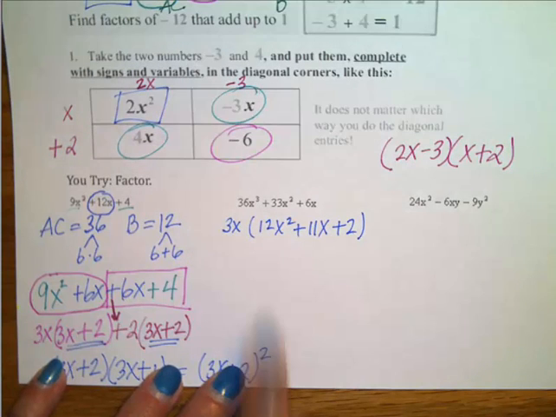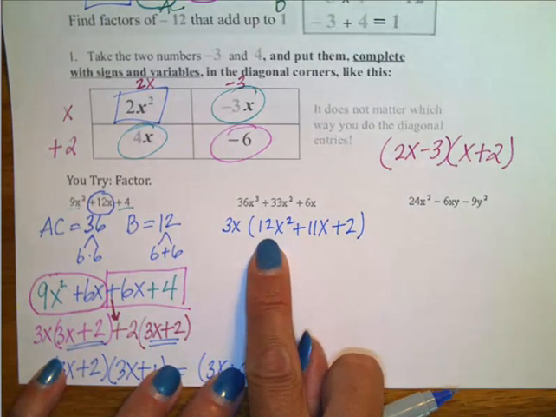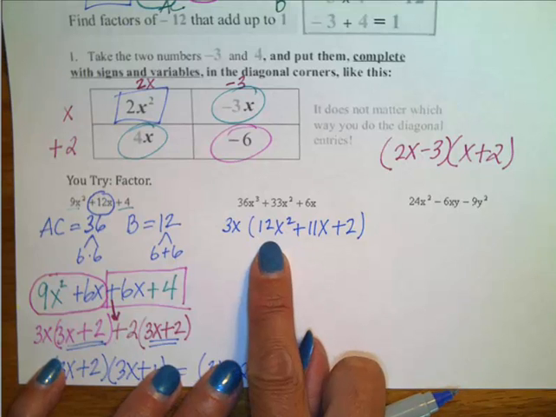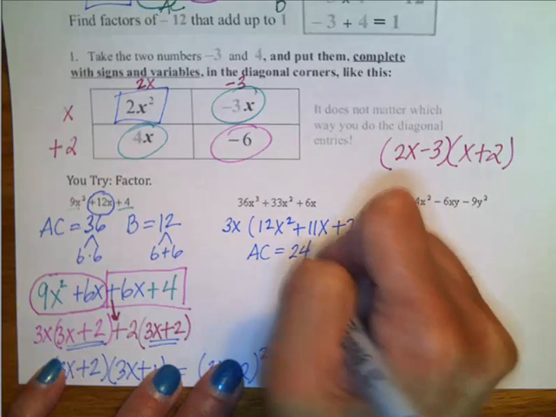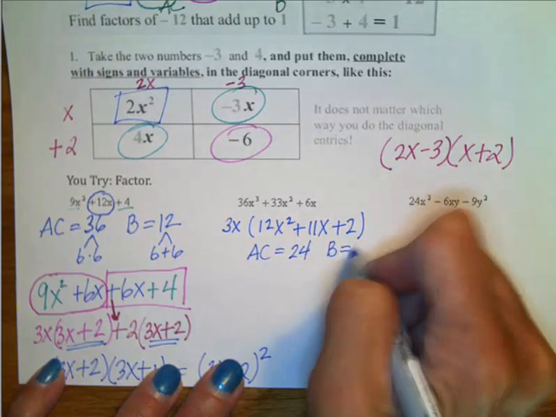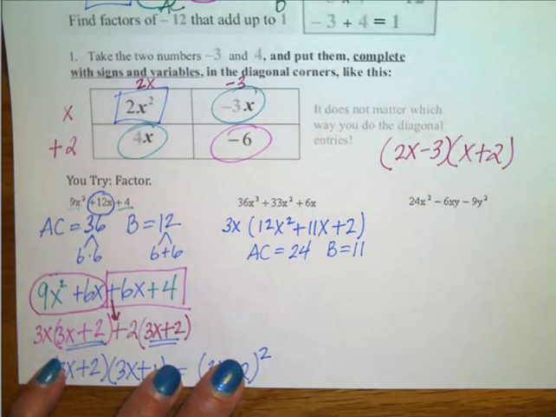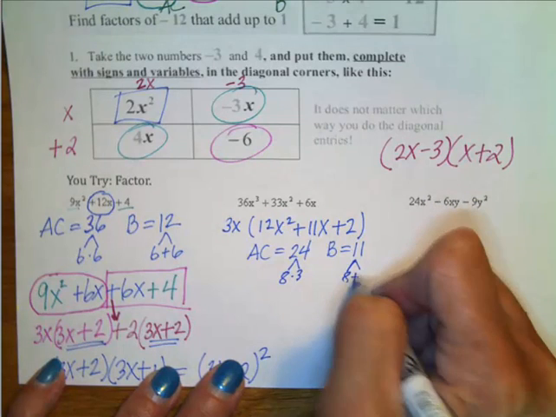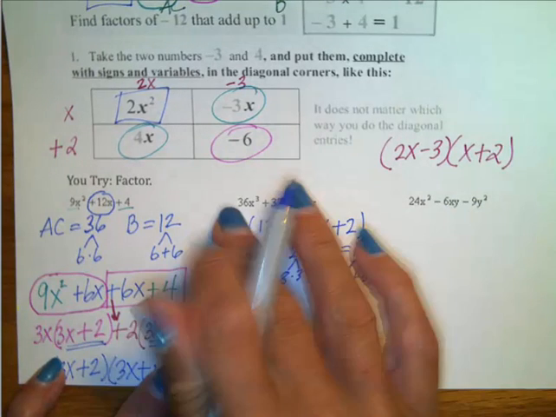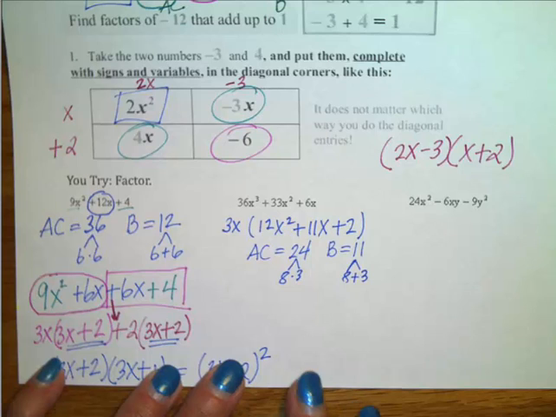I notice that my a value is not 1, so I have to do this AC thing. So a times c is 24, b equals 11. So what multiplies to 24 and adds to 11? Hopefully you're saying 8 and 3. So I'm going to ignore this first GCF. I'll write it back when I have an answer.